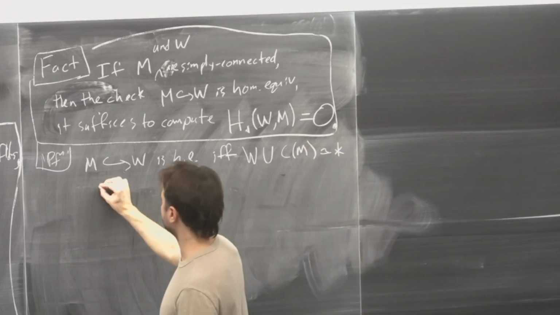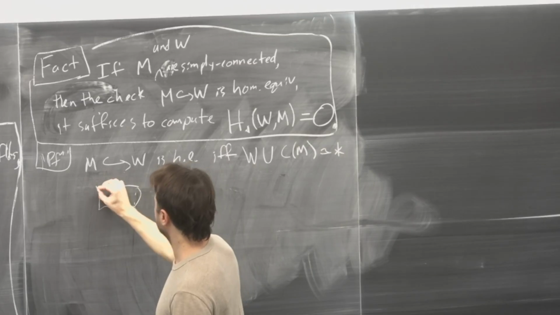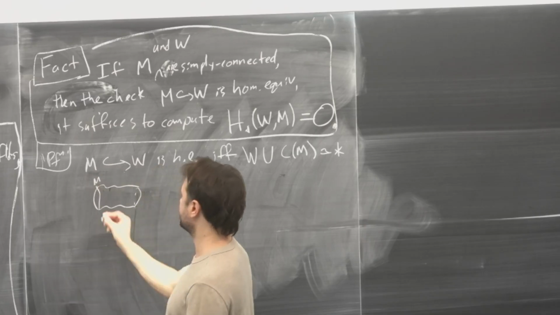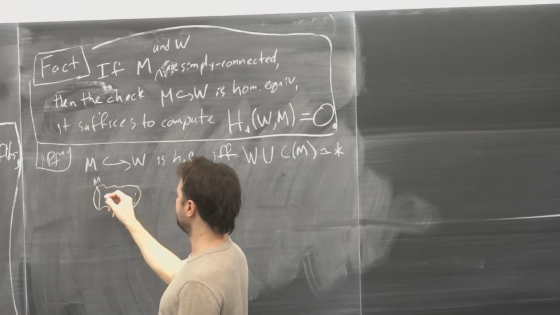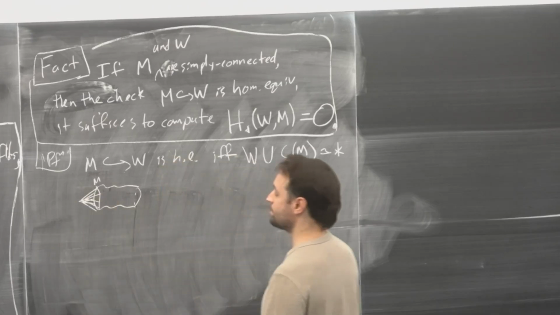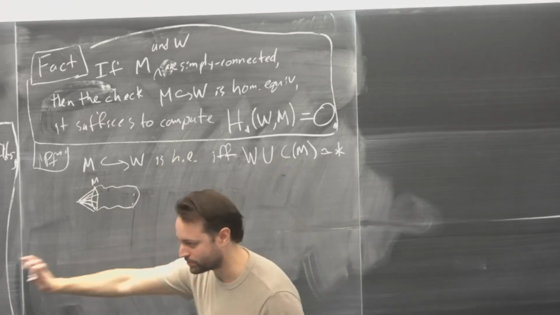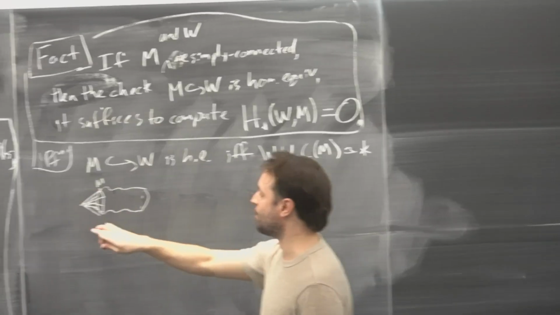What does that look like? Here's your W, and M. For the mapping cone of the embedding of M, you're basically just attaching a cone. It's not a manifold anymore, but you're essentially taking this M part and forcing it to be contractible by adding a cone at the end.